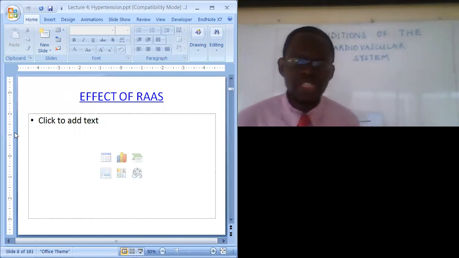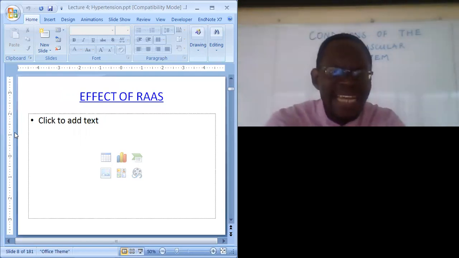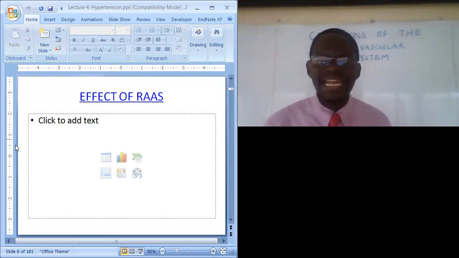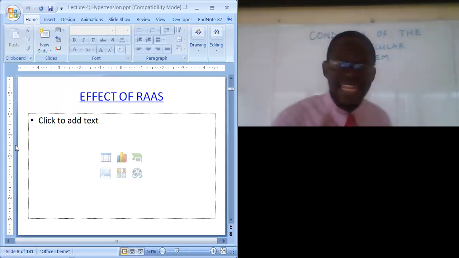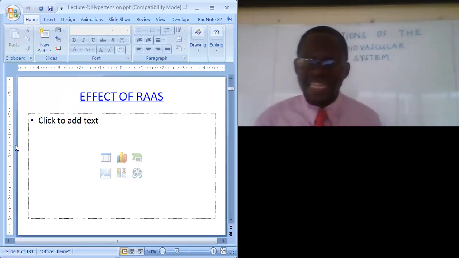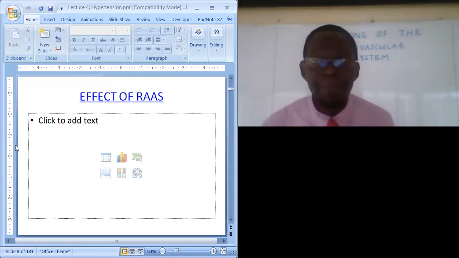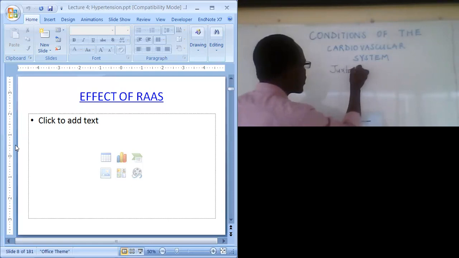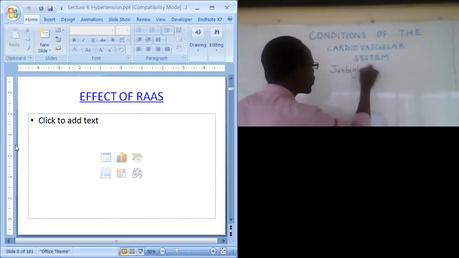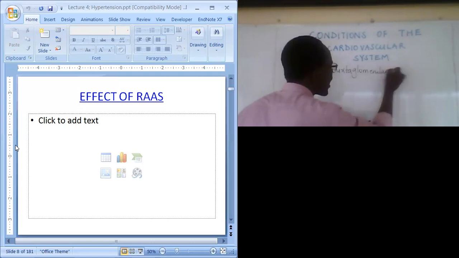But what the renin angiotensin aldosterone system entails is that within the kidneys, we have structures that are referred to as the juxtaglomerular apparatus.